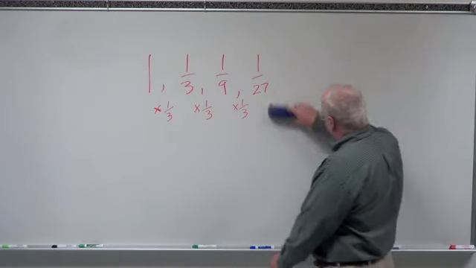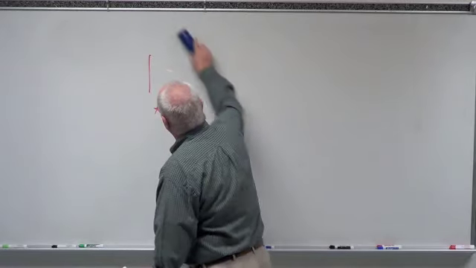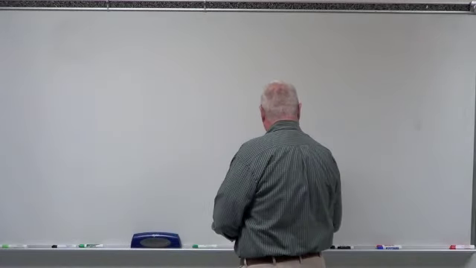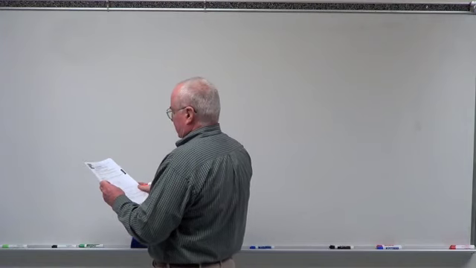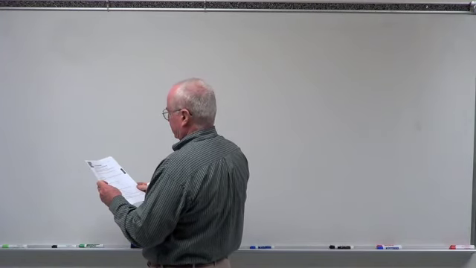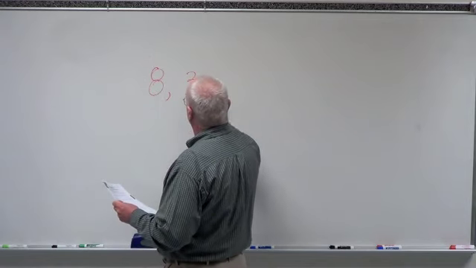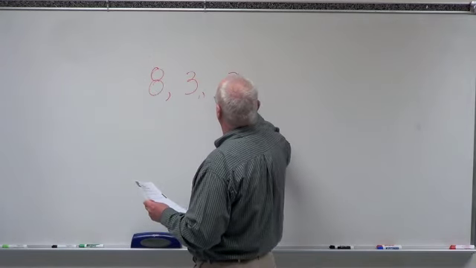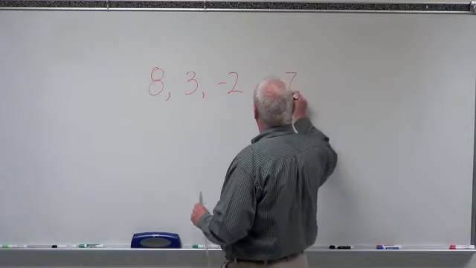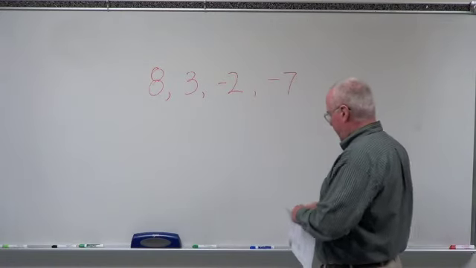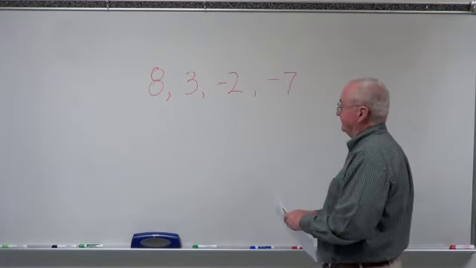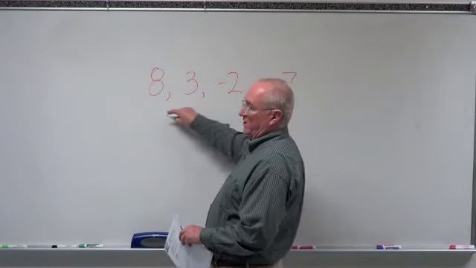All right, now let's look at another one. I think I left you with this one. Start with 8. Start with 3. -2. -7. Okay? What are we going to do with that? Well, what do we do here?